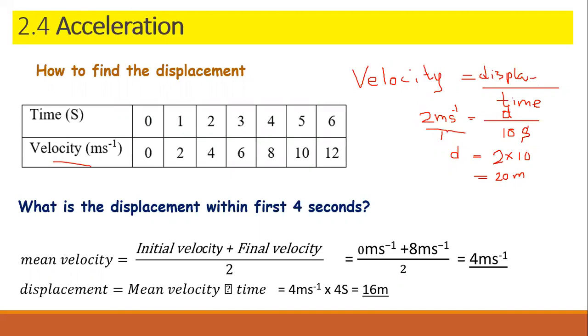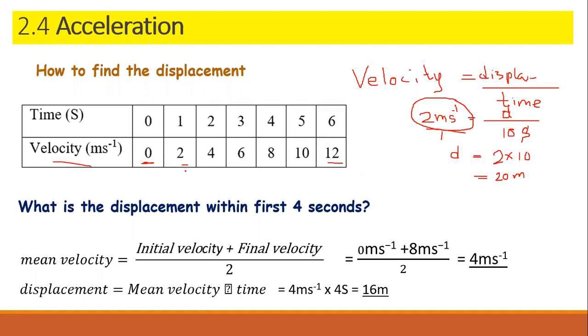Okay, that is for normal, just constant speed. It has a constant speed. But in this case, it doesn't have a constant speed. It is changing always. So we have to consider a mean velocity. In this case, we can take it as 12 or 0 or 2. The total speed should not be 0, because if it is 0, it is not moving.